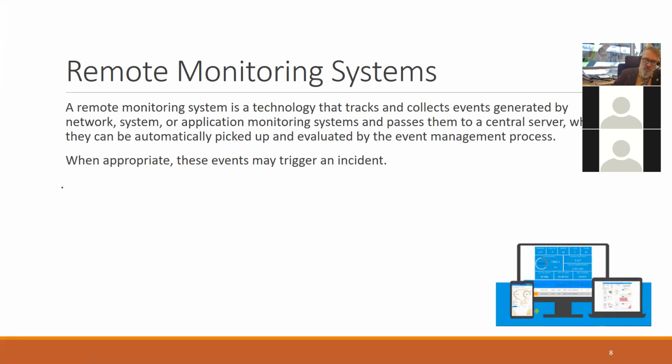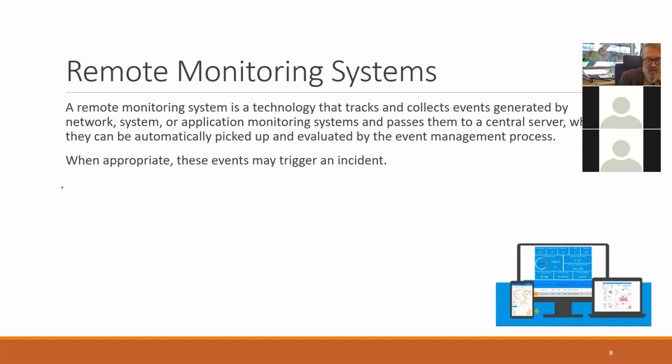You can install software on these that will report back to the server on the status of that particular piece of hardware in the network, or on the status of the network traffic coming to and fro from that piece of hardware. That allows you to get consolidated data from which you can see trends on the stability of your network and your applications throughout the system. So that's your remote monitoring systems.